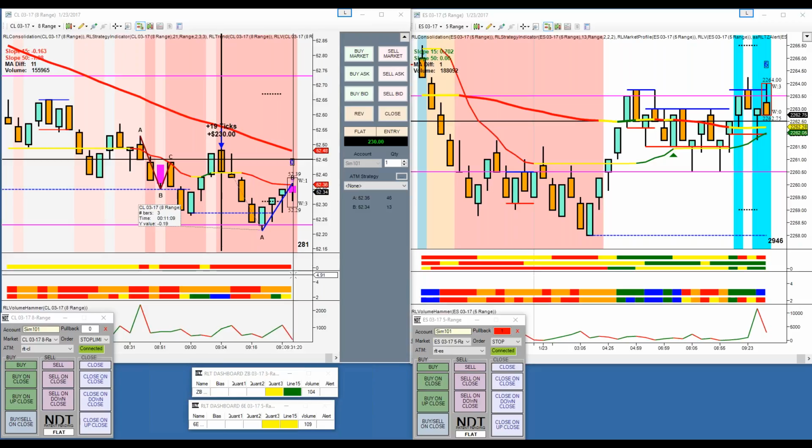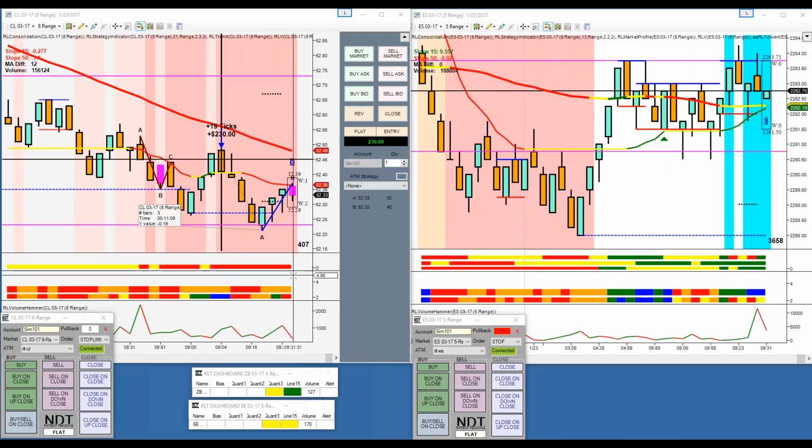It's only a minute into the open, so it's going to be choppy. We need the 15 to cross the 50 right here on the E-mini before we can take a long trade.